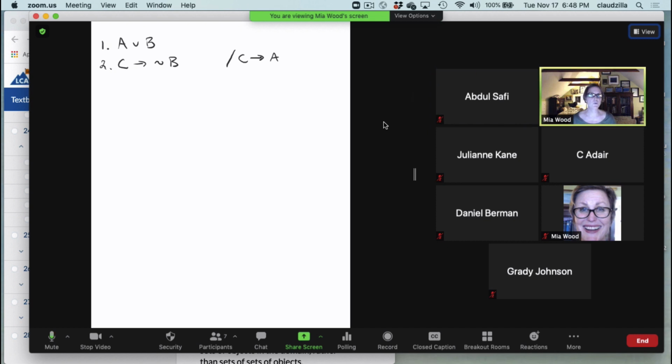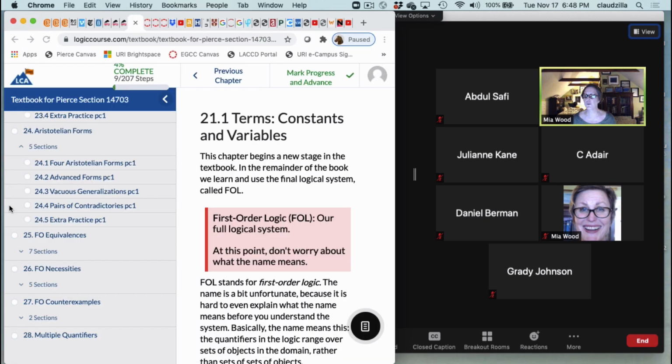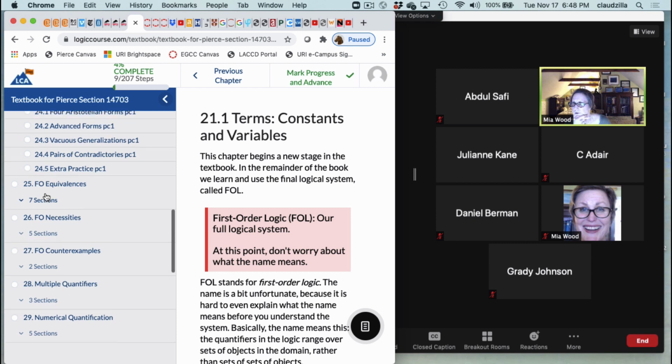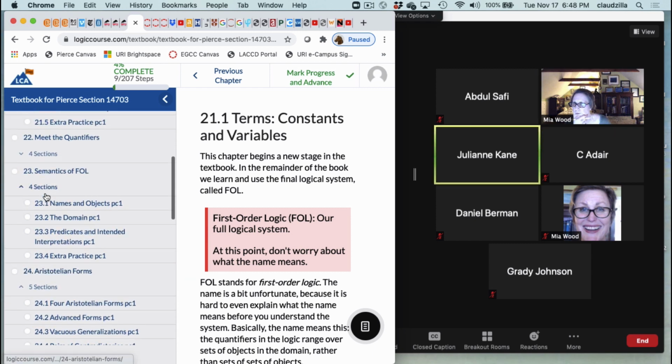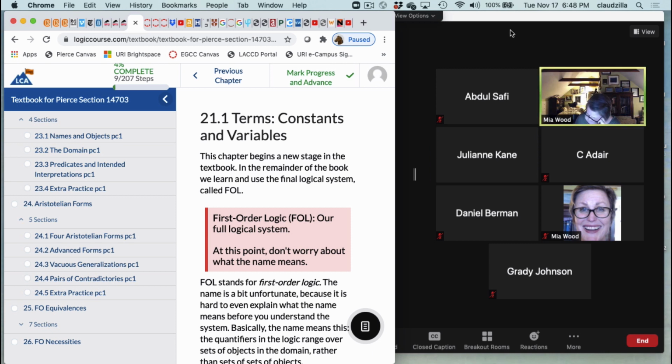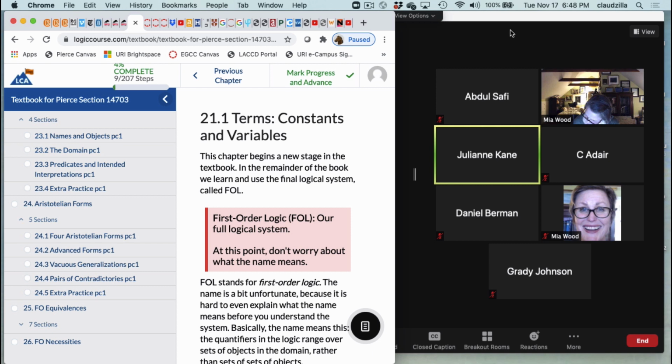Julianne, while Abdul is switching over, have you found what you want to chat about? I think it was just more because when I was trying to do it on my own, I couldn't do some of the practice questions. Oh, okay, good. I'm not glad that you couldn't do it, but good. So, Chapter 24 and a little bit of 23 towards the end.